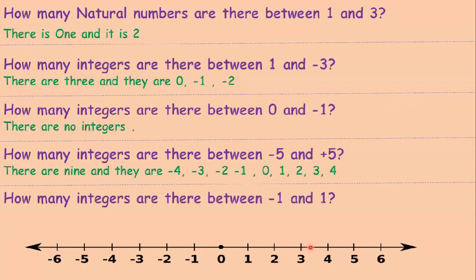Next, how many integers are there between minus 1 and 1? There is only one and it is 0.